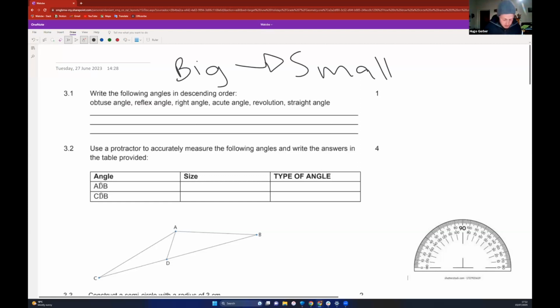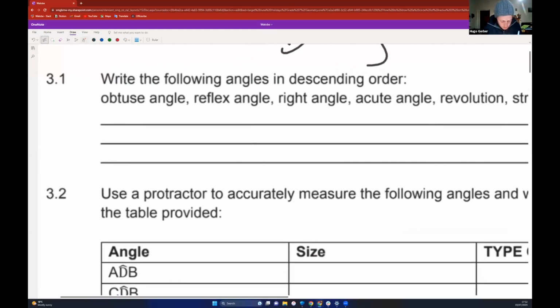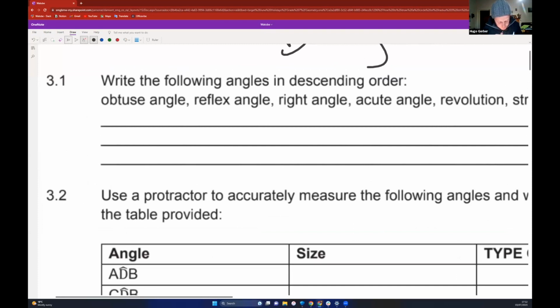Let's write. I'm going to need to zoom in a bit. Okay, and then I can write. All right, and after that, what will be after revolution? Reflex angle.